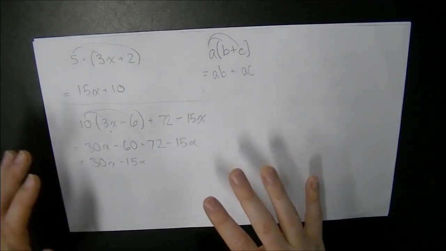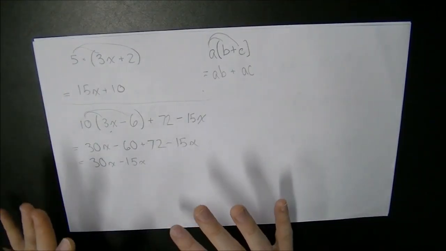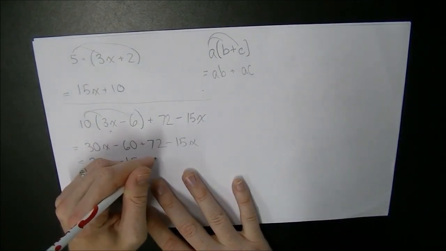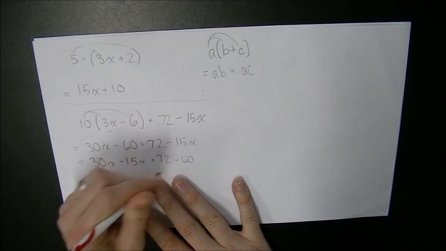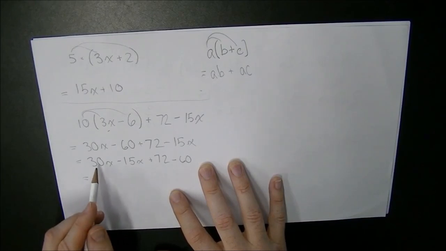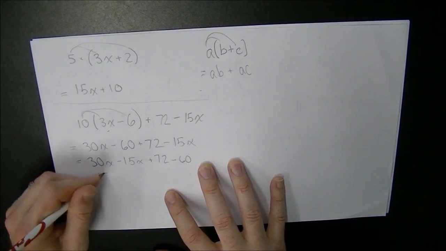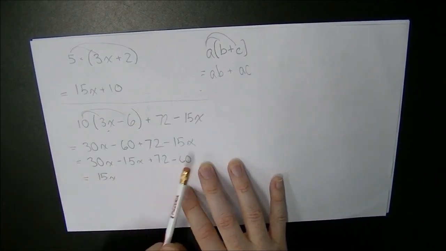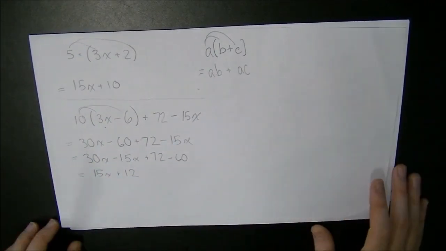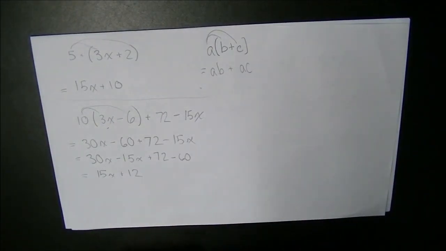Addition is commutative, meaning I can move things around, but subtraction isn't. But since I'm treating this like it's addition with negatives, it all will work out. So I can write plus 72 minus 60. Now this is just a simple matter of doing the subtractions. 30x minus 15x is 15x. And now 72 minus 60 is positive 12. So this long expression boils down to 15x plus 12.